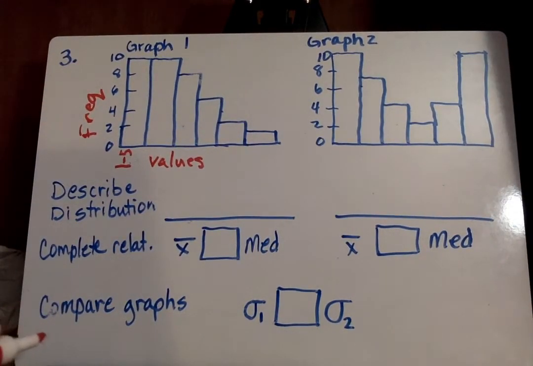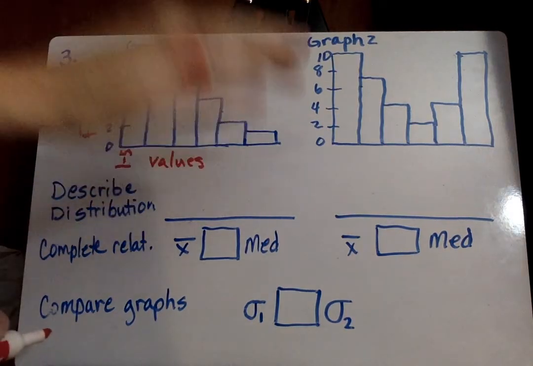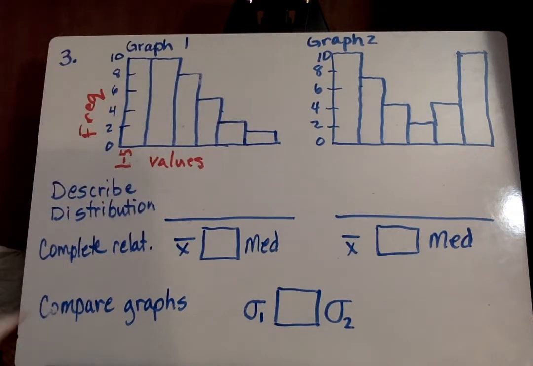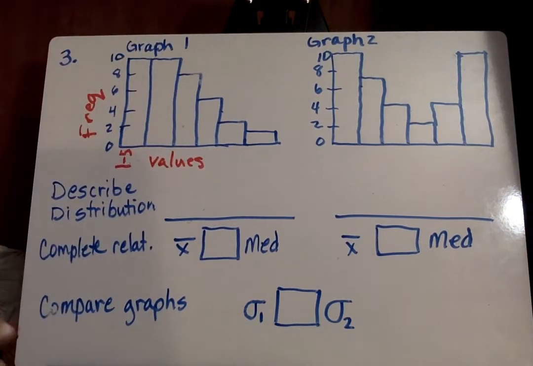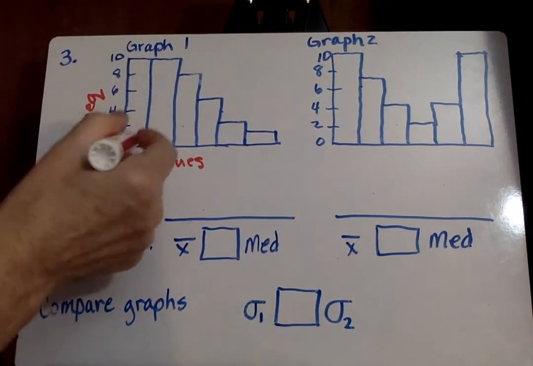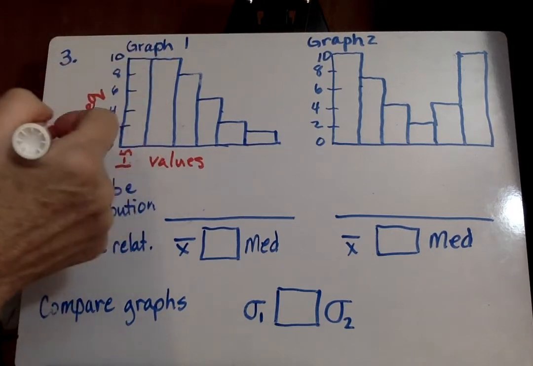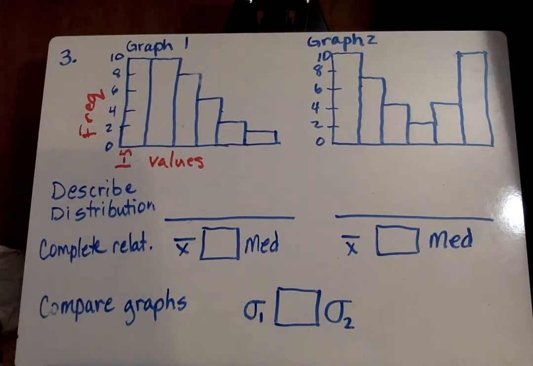It's on your paper, so just know that these are histograms. Again, you have the values here and the frequency of those values. If I had 1 to 5 and there were 10 of them in 1 to 5, then that should be all shaded in. And it is all shaded in.